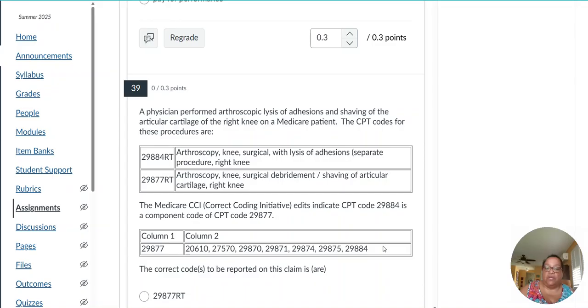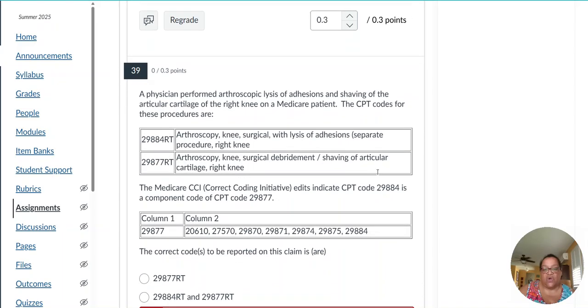And if we were to code both of them, it would get kicked back as an error. They wouldn't pay us anything. If we were to code just the 29884, the physician's not going to get paid enough because the lysis of adhesions is probably not as surgically elevated in expertise level as knowing how much to shave of a patient's cartilage.